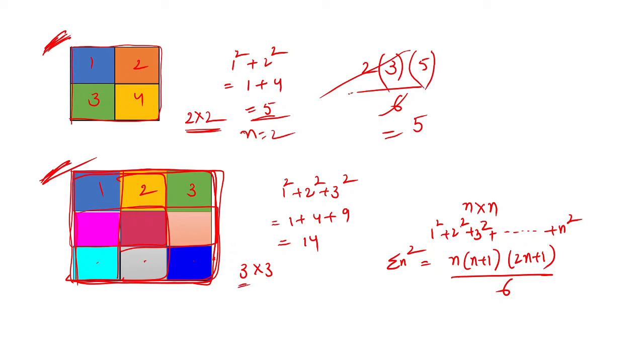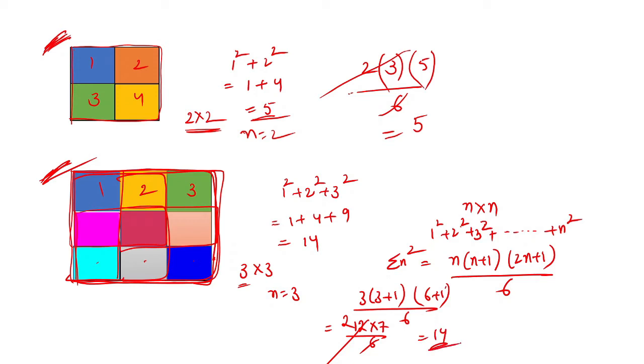Number of rows and columns, n value is 3 here. So 3 into 3 plus 1 into 6 plus 1 by 6 equals 3 into 4, 3 into 4 means 12 into 7 by 6. 2 times gets cancelled, so 14. Total number of squares present in this particular diagram is 14.